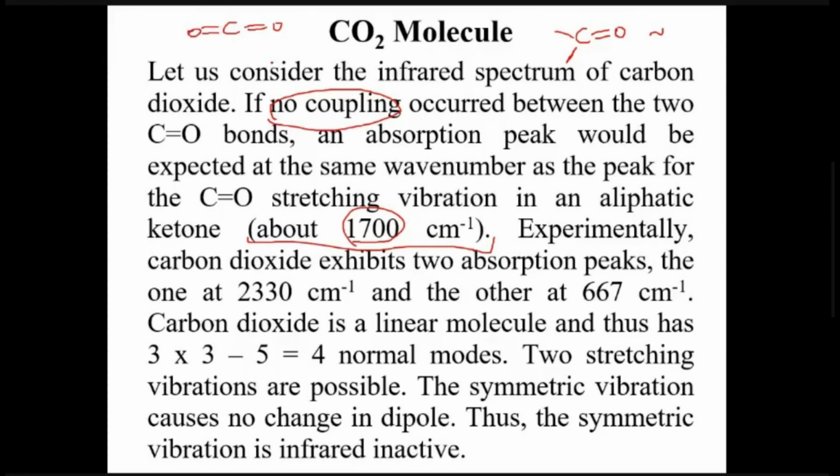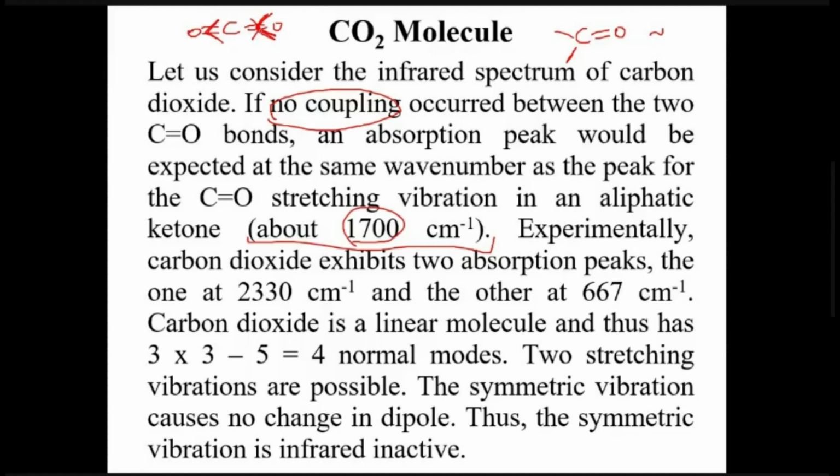So, if they are coupling, they may cancel out the moment of each other. It may also happen that they are moving in the same direction at a time. So, the net movement of the CO2 molecule will increase. Let us see what is actually observed.